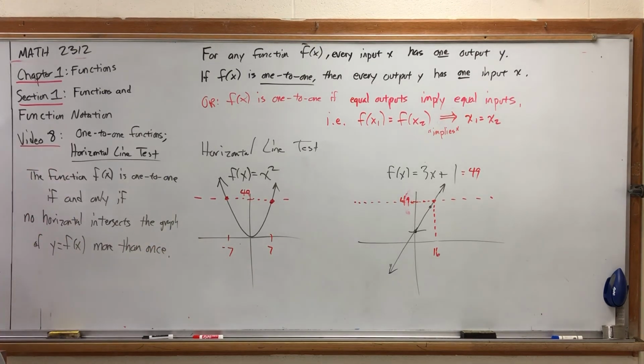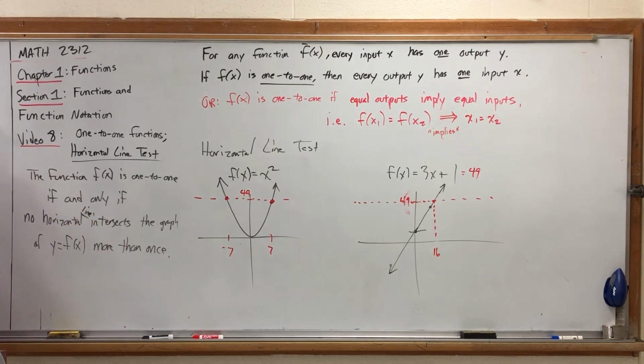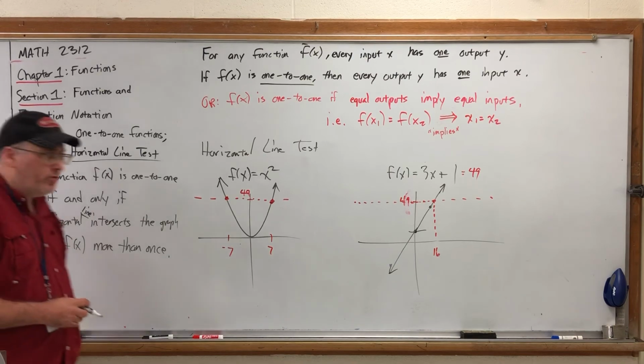The function f of x is one-to-one if and only if no horizontal line, I left out the word line, no horizontal line intersects the graph of f of x more than once.